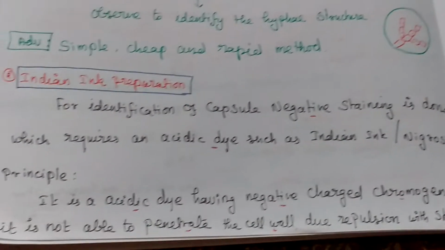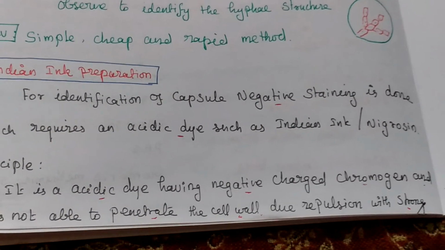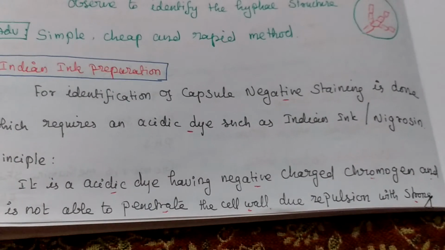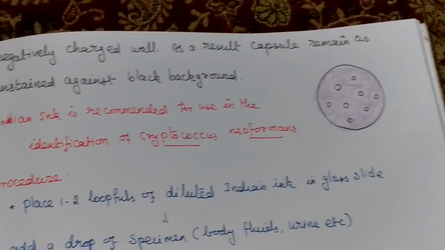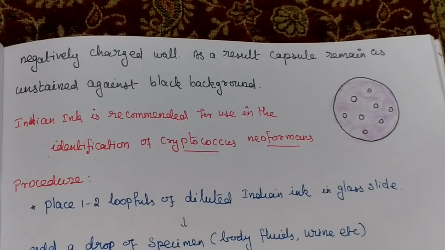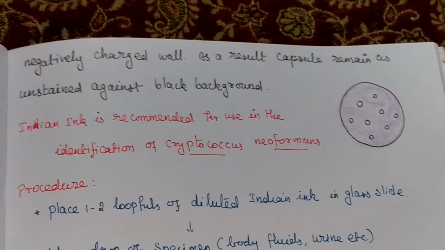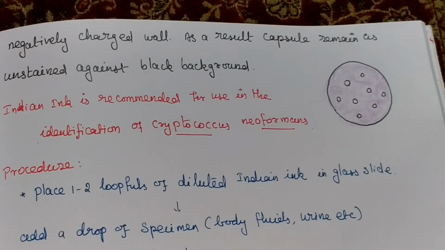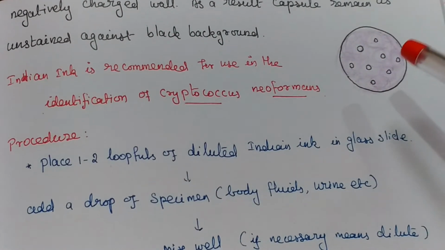It is acidic in nature, so it has a negatively charged chromogen, which is not able to penetrate the cell wall. As a result, capsules remain unstained. Only the background is stained, capsules unstained. Indian ink is mainly recommended for identification of Cryptococcus neoformans.